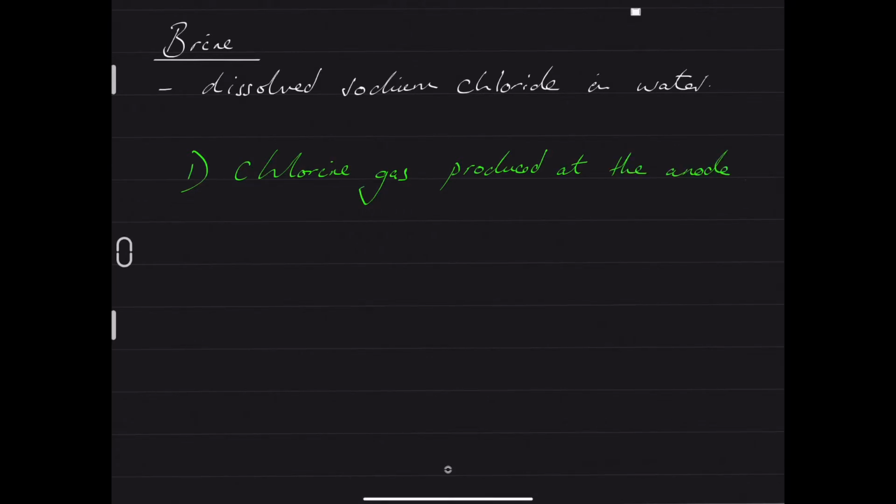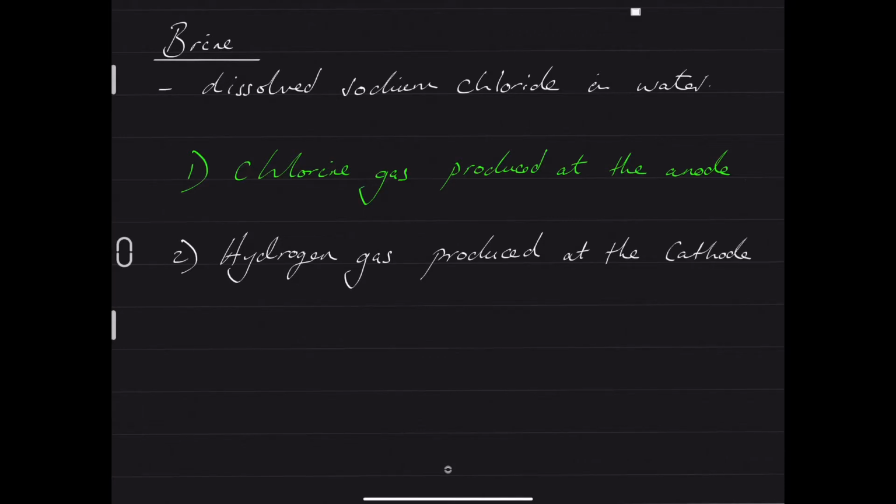Okay, and you should know by now the anode is a positive electrode. Then we have hydrogen gas being produced at the cathode. Okay, and the cathode is the negative electrode.